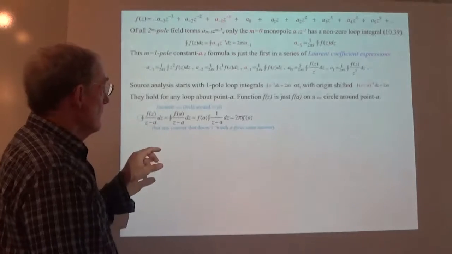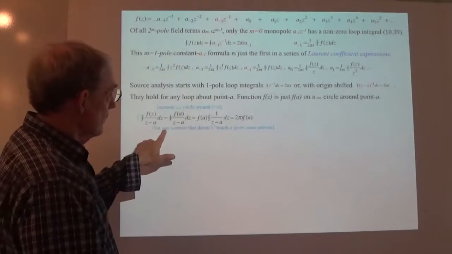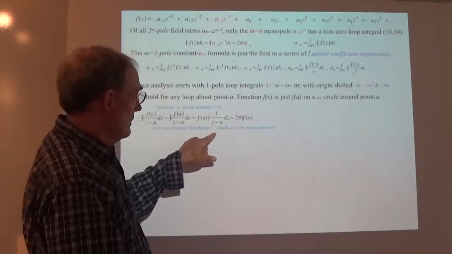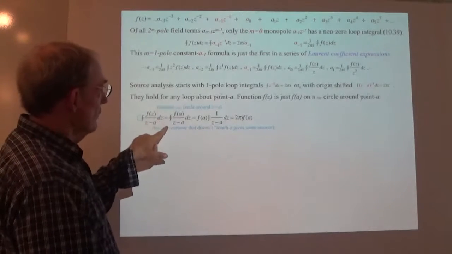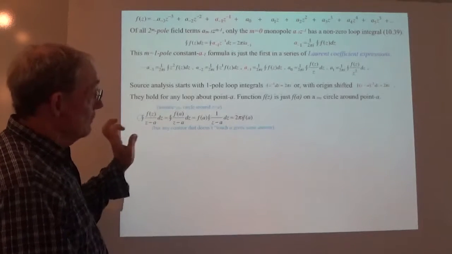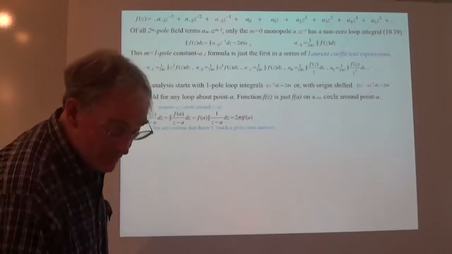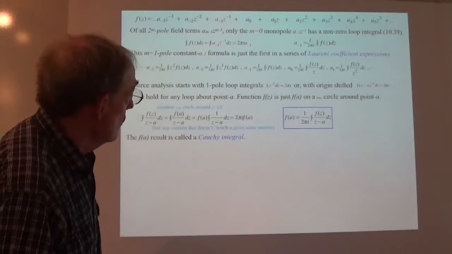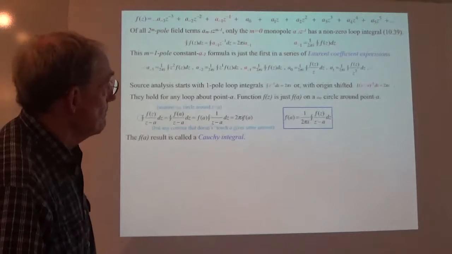And as long as the contour doesn't touch a, this integral will give the same value for any contour that surrounds that point a. And that's very useful. This is called Cauchy's integral.